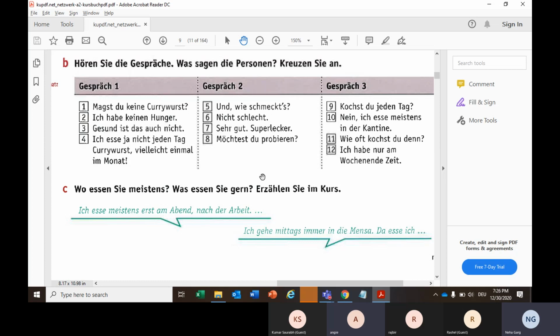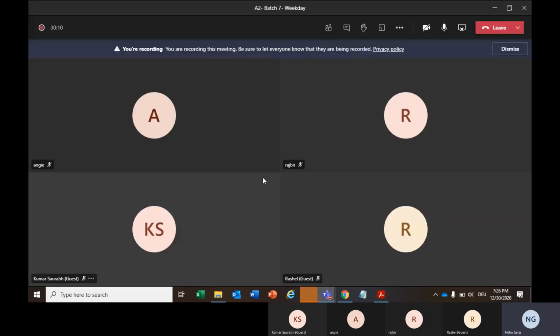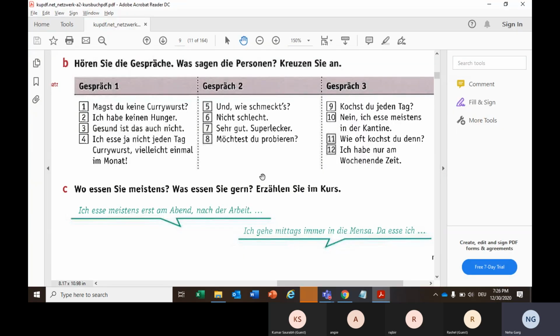Rajveer, your turn. Wo essen Sie meistens und was essen Sie gern? You're on mute. Ich esse Suppe in einer Market. No, first answer wo essen Sie meistens and then was essen Sie gern?